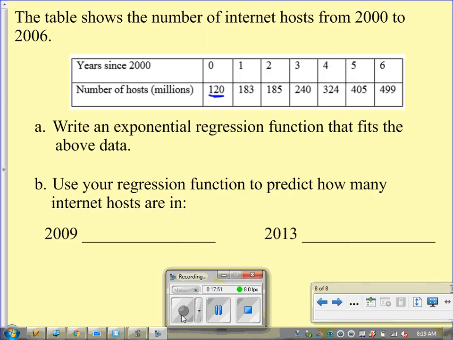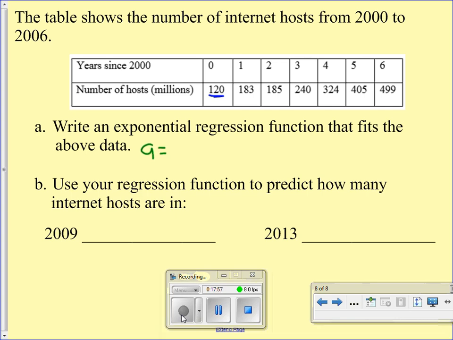So now that I have my variables from the exponential regression, A, my initial population, I'm going to round to 126.41. B, the rate at which it's changing, 1.26.